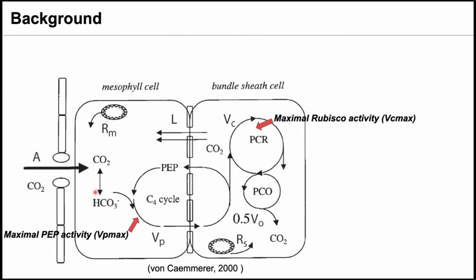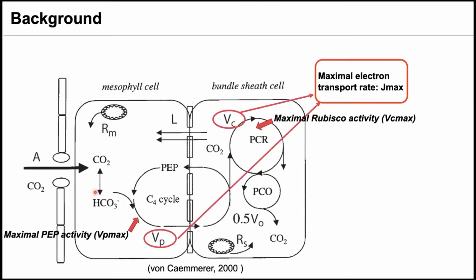And the regeneration of Vcmax and Vpmax are limited by the maximum electron transport rate, which is Jmax. However, in practice, if we want to obtain these three most important photosynthetic biochemical limitations, one sample will take about 1.5 hours. It's impossible to obtain all of these traits in hundreds of breeding lines.